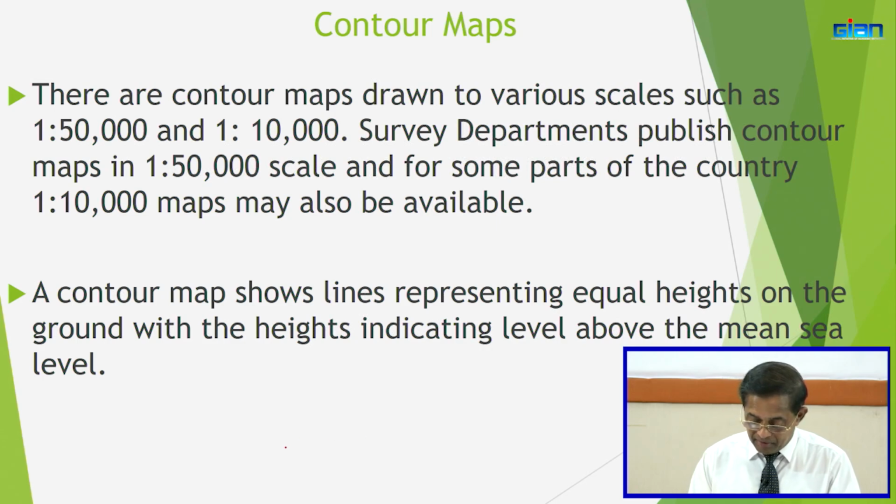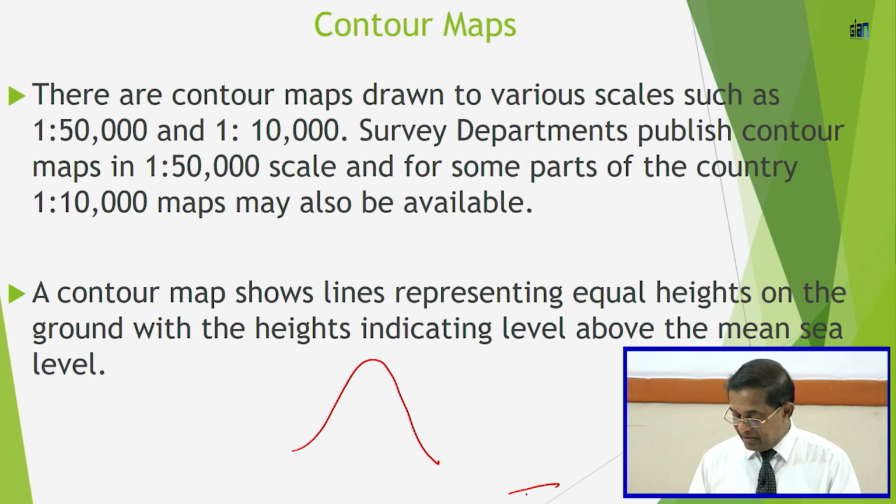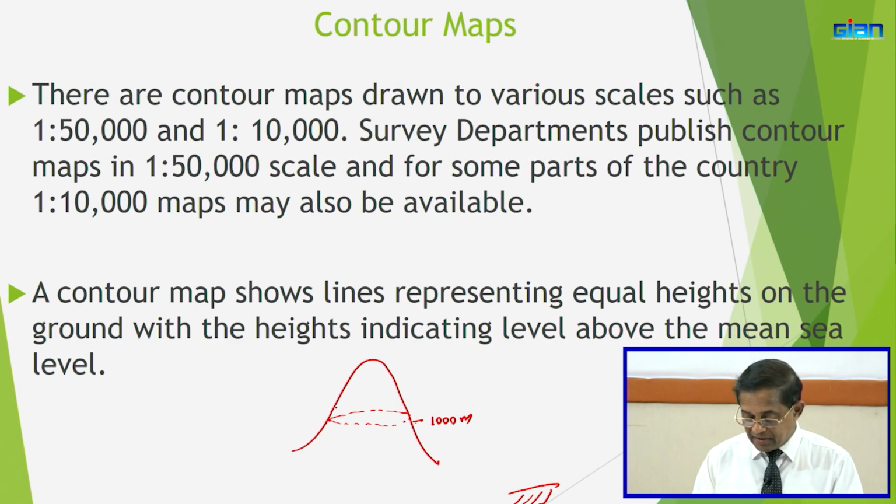If you take a hill, and the sea level is here, this circle represents a height above the mean sea level, say 1000 meters, and the next line can be 1100 meters, the next 1200 meters, the next 1300 meters, and the top may be 1400 meters.